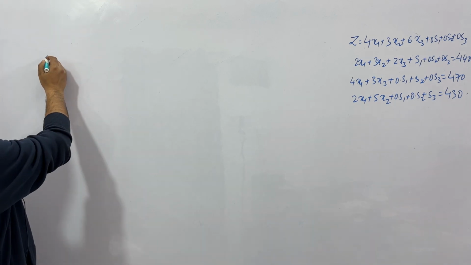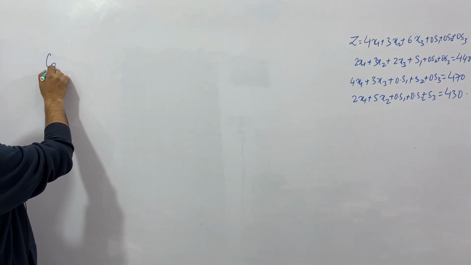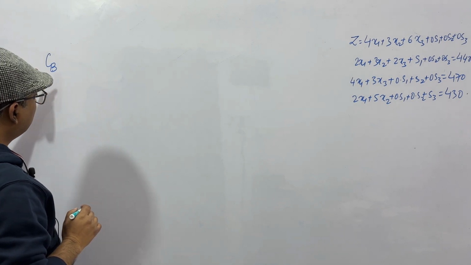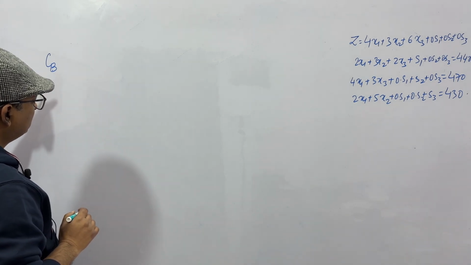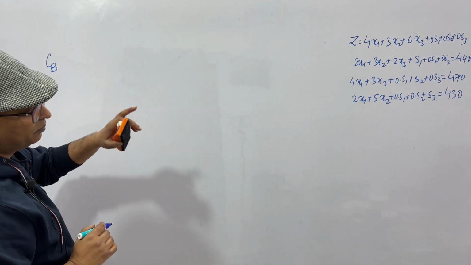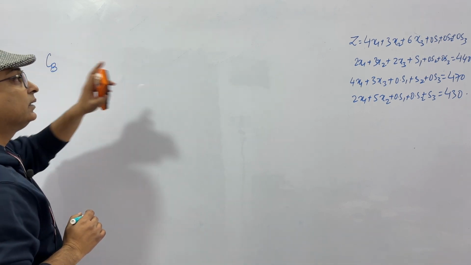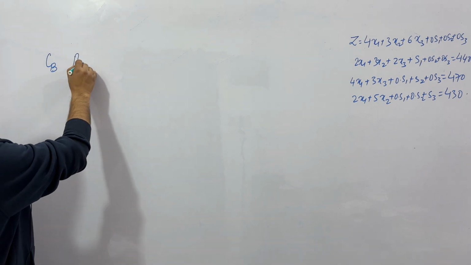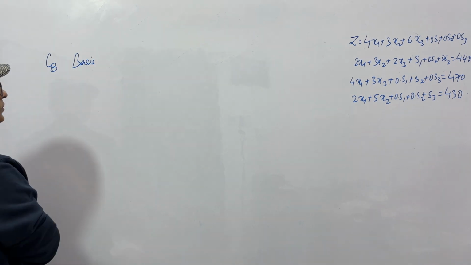We'll start with the table. The first column is called CB. I told you what is CB. CB has coefficients of the basic variables in the objective function. What is the meaning of this? Let me explain to you. Second column is called basis.